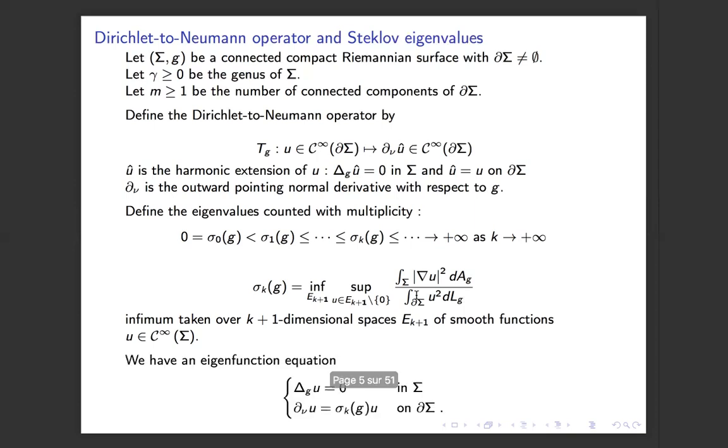We will have some elliptic equation, and we can use elliptic regularity theory at the boundary. So the function is harmonic on the surface, and you have this relation between d nu u and u: d nu u equals sigma u here. So this is the equation for the eigenfunction.